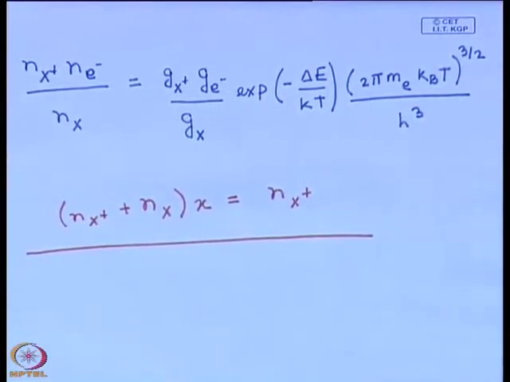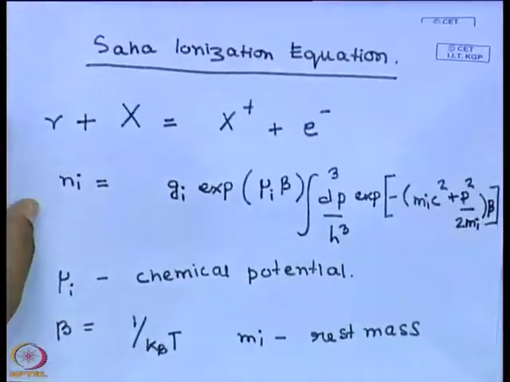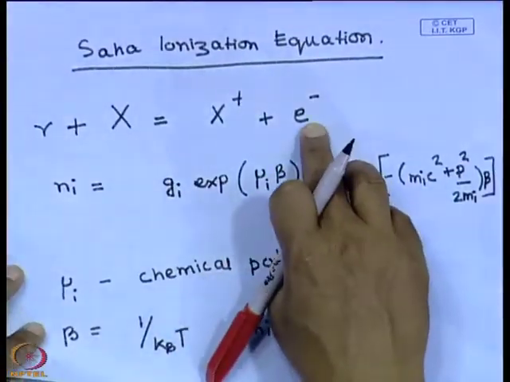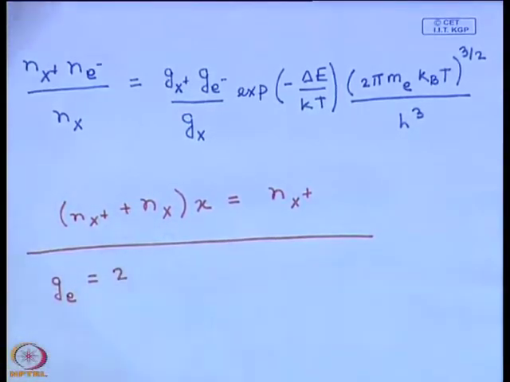For example, if you are dealing with hydrogen, let me just look at hydrogen, the interior of the star, we are here interested in a star. So, the interior of the star is initially largely made up of hydrogen. So, if you are interested in looking at the state of hydrogen at a certain temperature, then the spin degeneracy of an electron, we know it is 2, it is a spin half particle and it has 2 possible spin states.